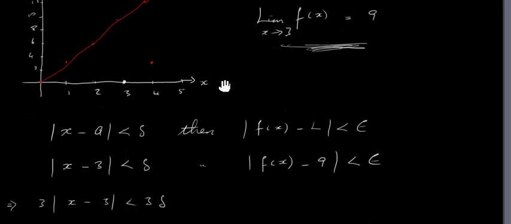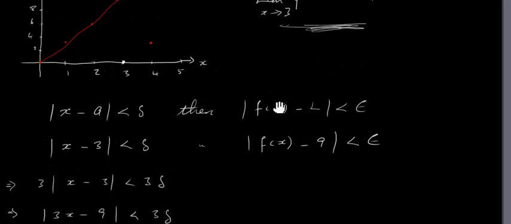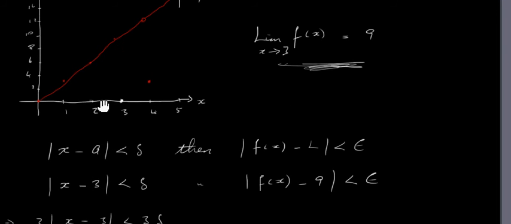So this part here is just f of x. And our 9 here, that's just our limit. 9 is our limit at 3. You can see as you approach 3 from the left and the right hand side, we're going to get 9, but this is what we want to prove.